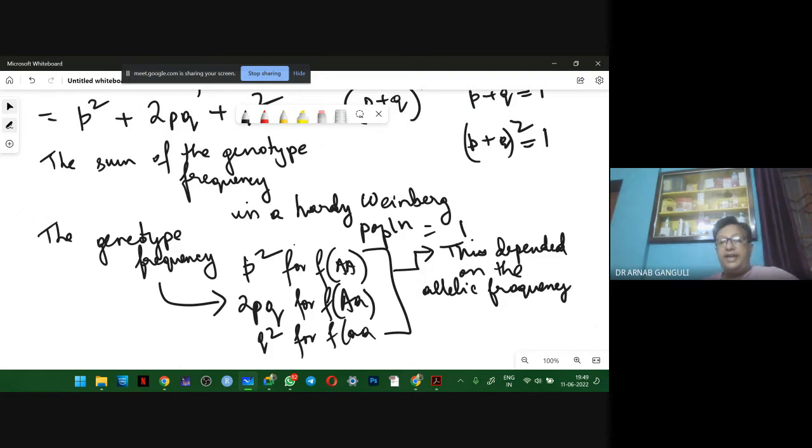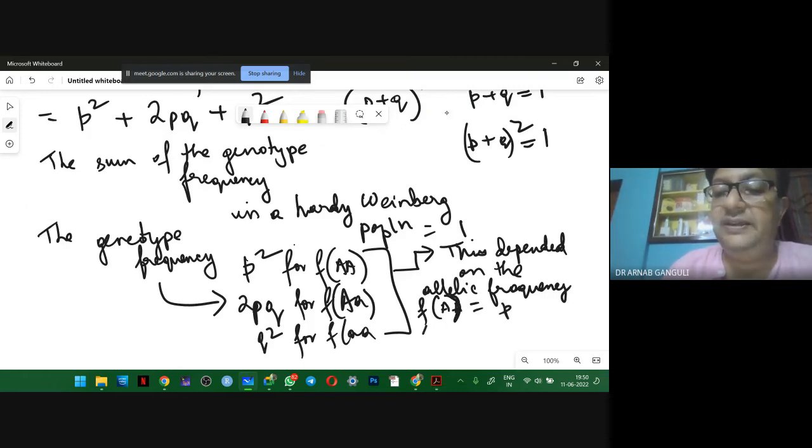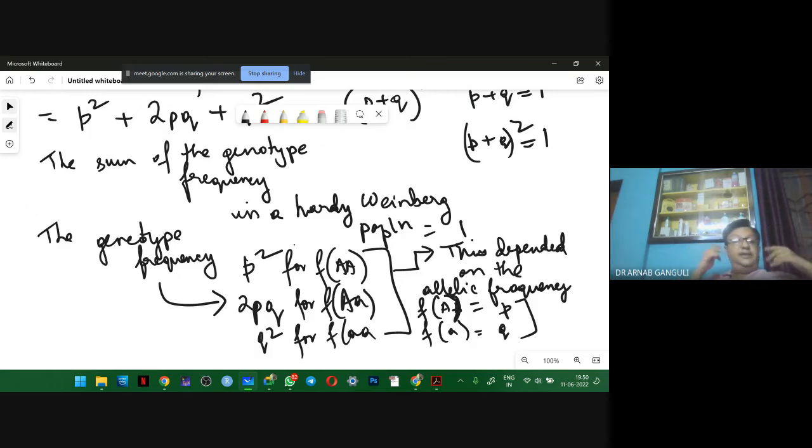Which was frequency of A is equal to P, frequency of small a is equal to Q. So in a Hardy-Weinberg population, the genotype frequency depends on the allelic frequency.